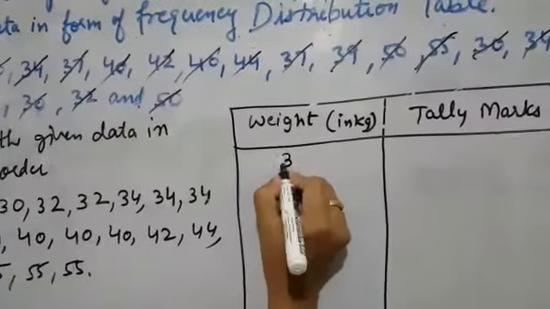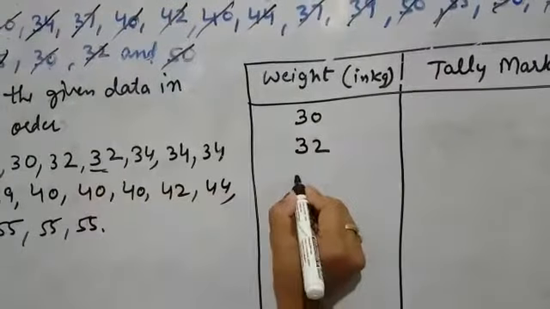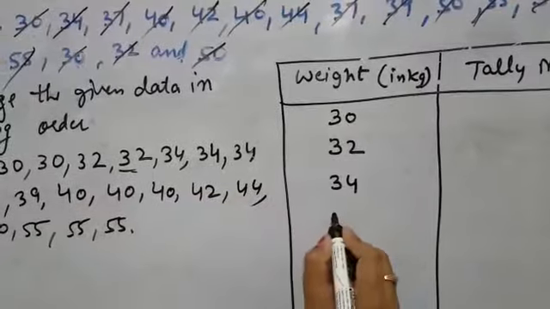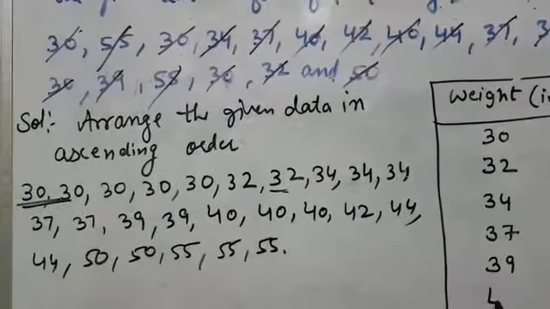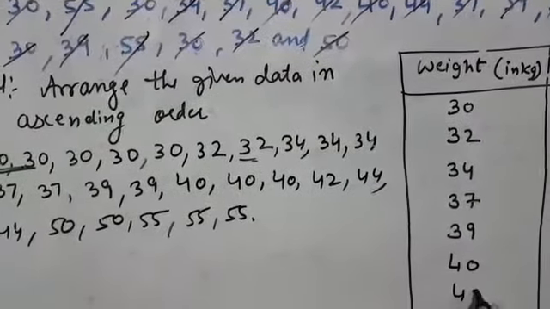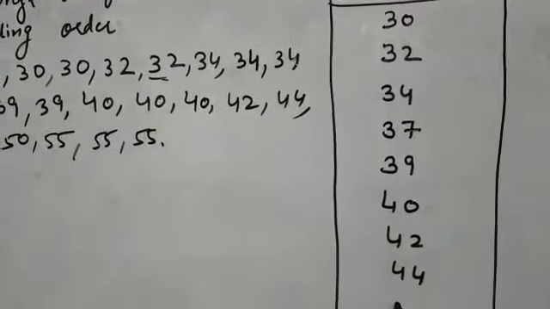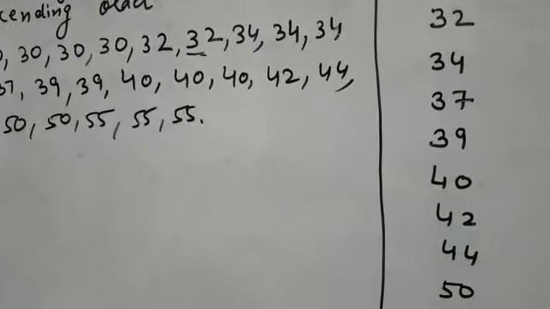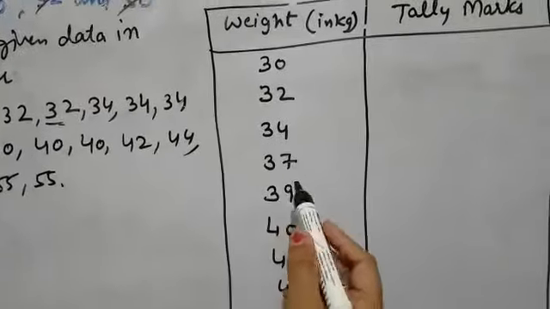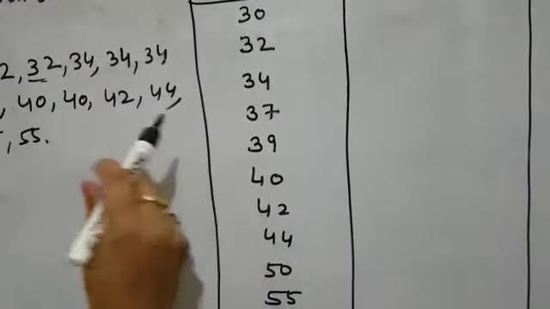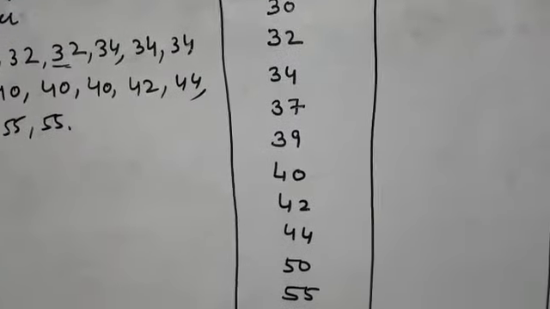Like first is 30, next is 32, next is 34, next is 37, 39, 40, 42, 44, 50 and 55. 30, 32, 34, 37, 39, 40, 42, 44 and 50 and 55.